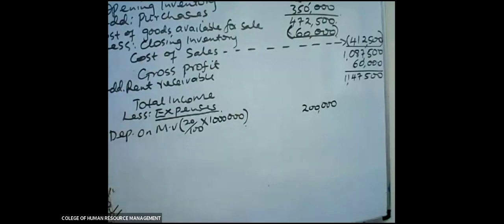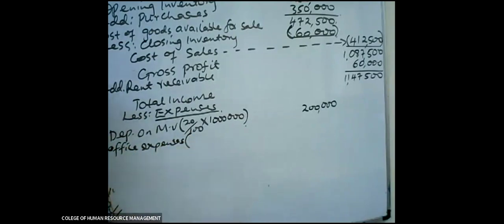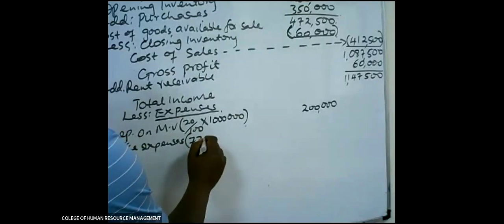Bullet 3, on 1st December 2014, that is when the year is ending, accrued office expenses amounted to 12,500. So we need to do some adjustment on office expenses. We said when it is accrued, we add. That amount of money has not been paid. We paid 77,500.